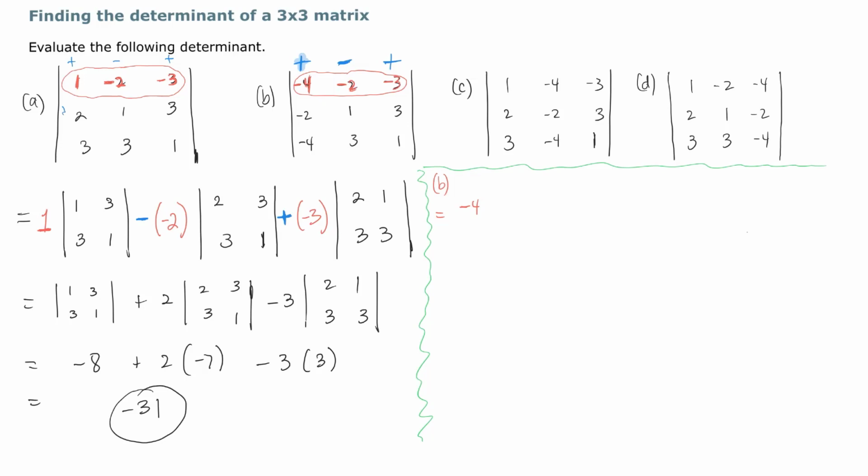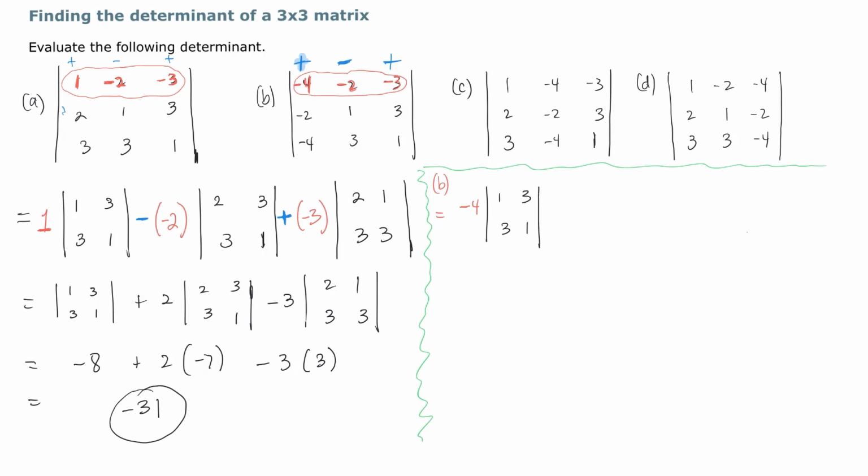That 1, 3, 3, 1. So you kind of have to take a pencil or your arm to cover up that first column. And then you'll be able to see that 1, 3, 3, 1. I'm going to reverse my steps so that the color goes away. And I'm going to write that 2 by 2 determinant right here. 1, 3, 3, 1.